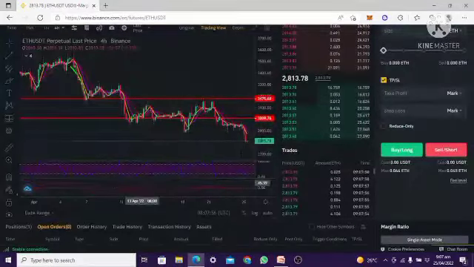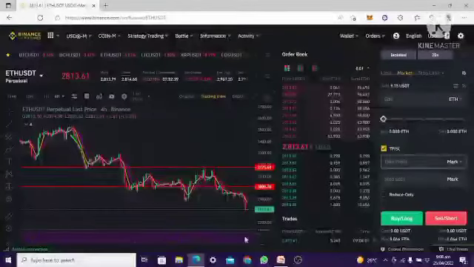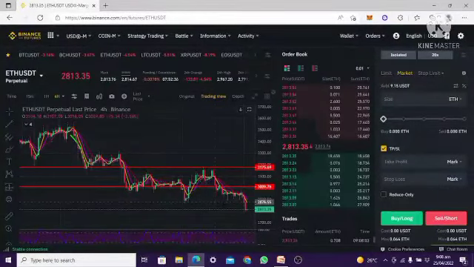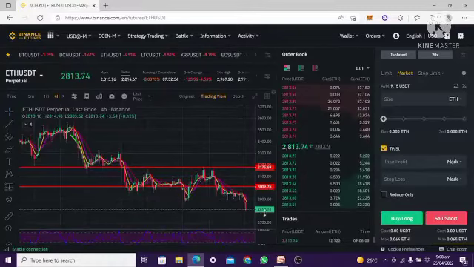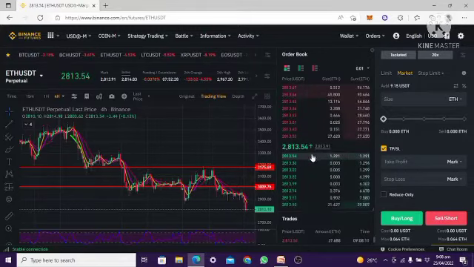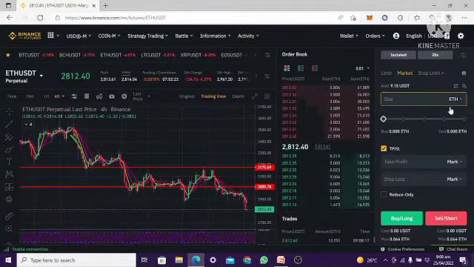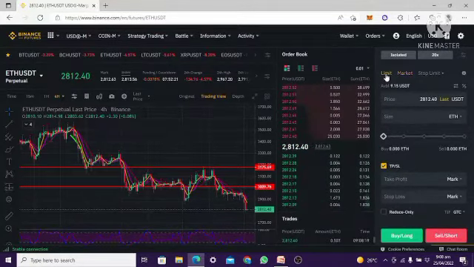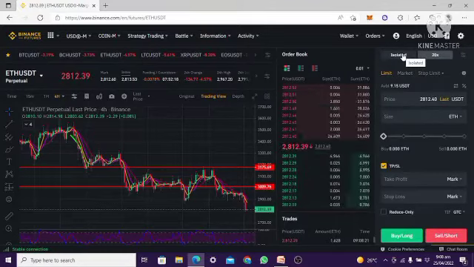So this asset is sitting at this particular place, and I want to buy at $2,813, and let's make it very simple. Let's say I want to buy at 2,800. So you can come to your limit, you click on the limit, and also we are not using cross, we are using isolated.